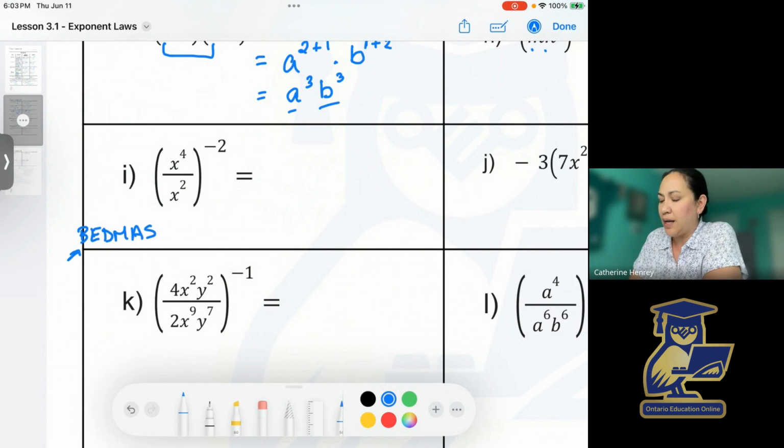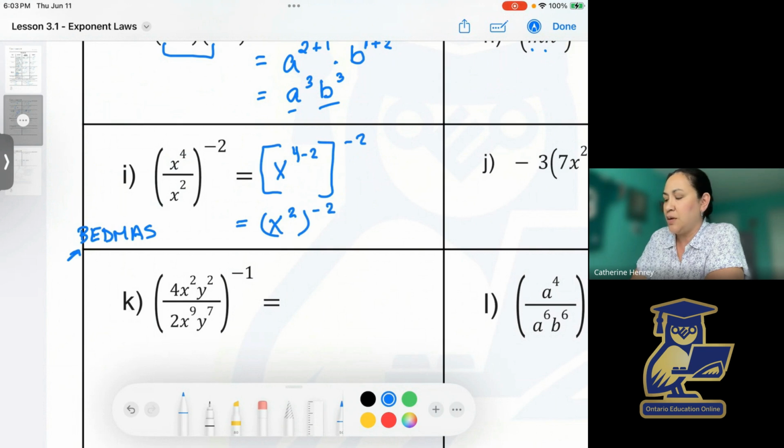And here we'll get x to the power of 4 minus 2, but that is still raised to the power of negative 2. So this will simplify to x to the power of 2 raised to the power of negative 2. And then finally, for my power of a power, I'll have x to the power of 2 times negative 2.